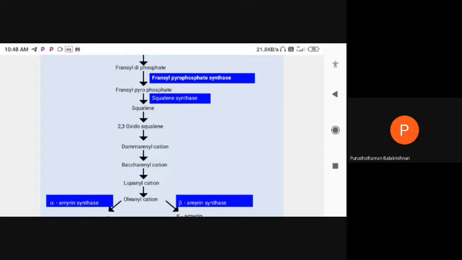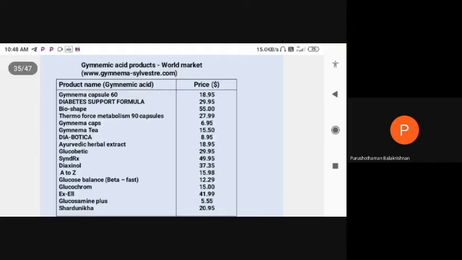When you add a particular compound or enzyme into the media, you can automatically get more gymnemic acid. For example, if you get only 1 nanogram of the compound in one culture tube, using this precursor maybe you can get 10 micrograms. The possibility is there, because based on the literature and research survey, people suggest that when you add the precursor, you get more secondary metabolites. So this is what we determined.